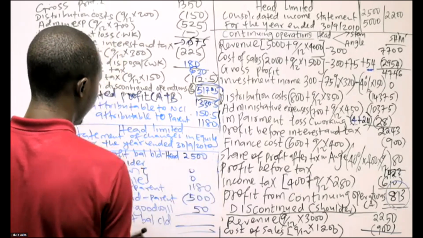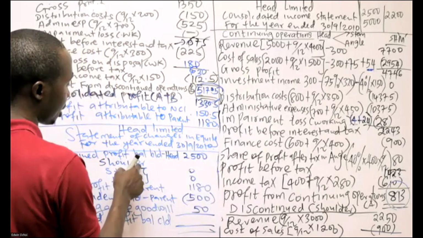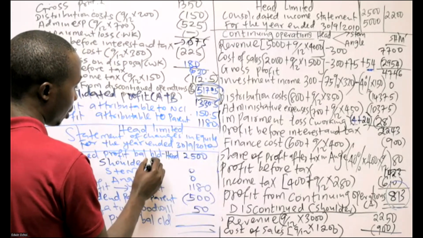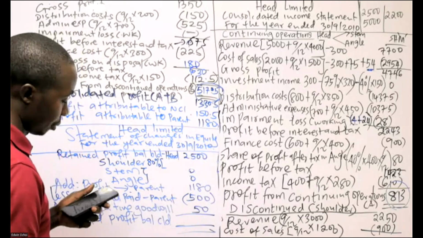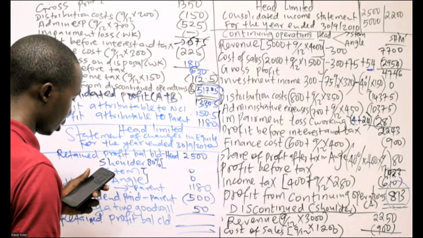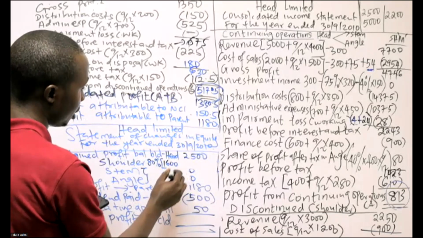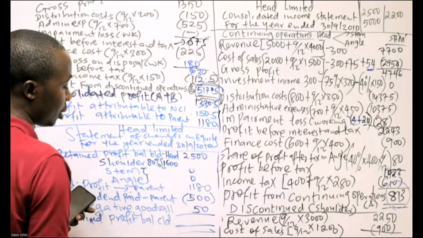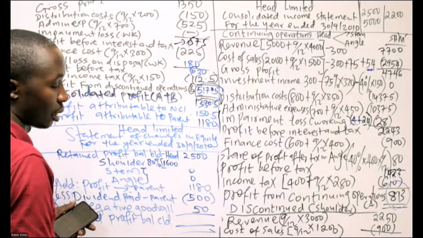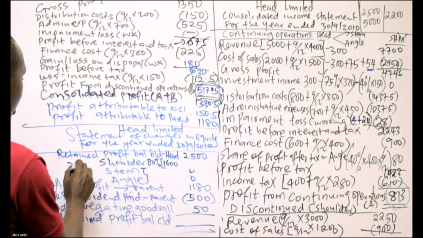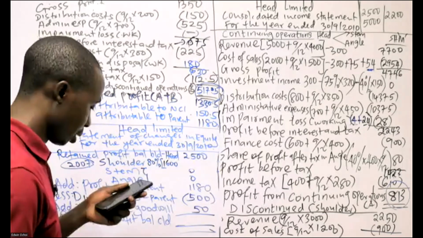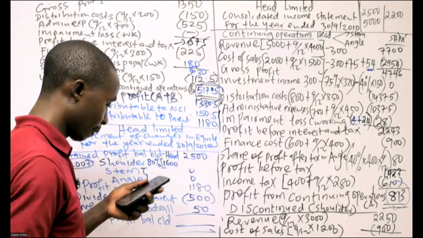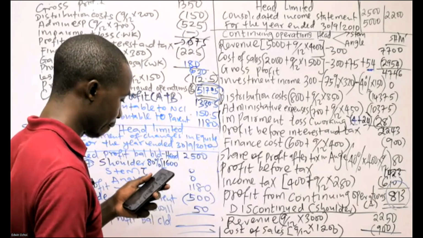So include shoulder. Shoulder was the second one, and it was acquired some time back. It was 7. So we must consider 80% of the balance brought down for shoulder, the balance brought down for shoulder 16. But this one is from the start of the year, inclusive of that retained earnings which was there in 2007. So when it was acquired in 2007, the retained earnings, according to note 1, was 500.